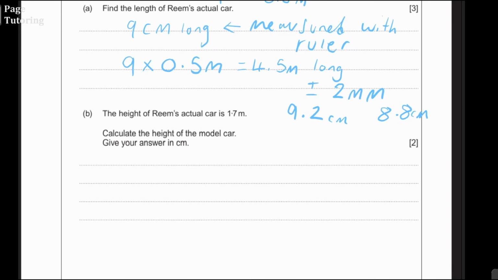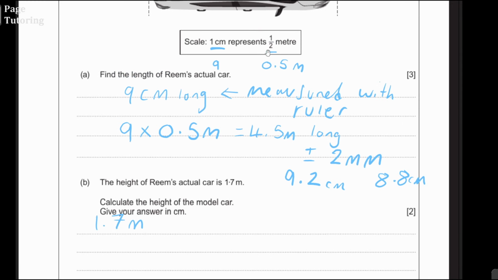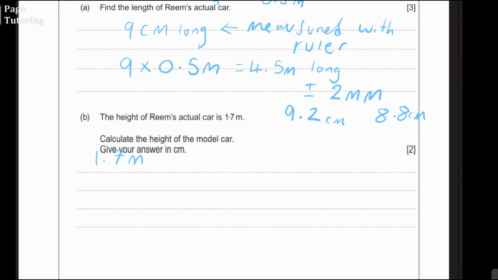Part B. The height of Reem's actual car is 1.7 metres. So this time we're working the opposite way around. We know that her car is 1.7 metres tall. Calculate the height of the model car. Okay, well, we'll look at our scale again. So for every half metre, it would represent 1 centimetre on the scale. So we want to know how many lots of that 0.5 metres is in the total height.